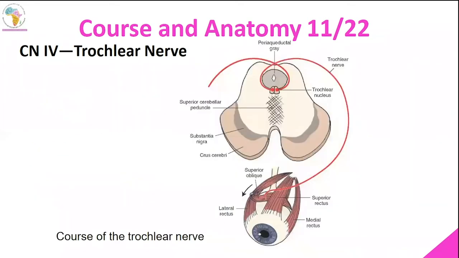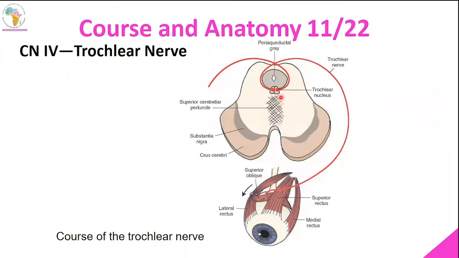What we're looking at here is an animation of the trochlear nerve. Like I said initially, it arises from the trochlear nucleus and runs up at the back of the midbrain, still at the level of the inferior colliculus, which is inferior to the site of emergence of the oculomotor nerve.